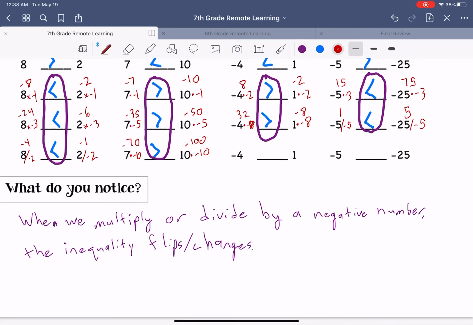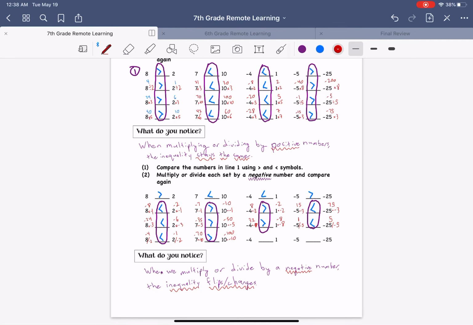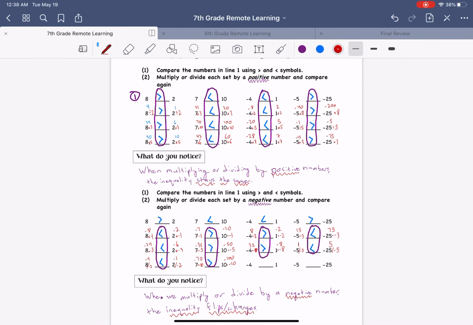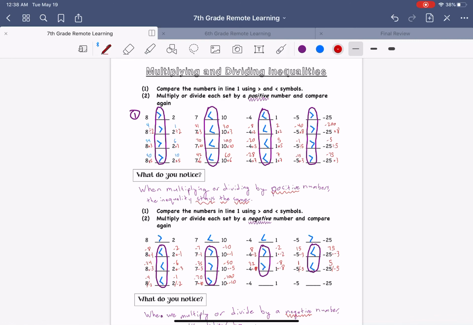So let's highlight the important parts. So we're multiplying or dividing by a negative number, and in this case, the inequality changes or switches or flips. Any word you want. Okay, so let's look over everything we've noticed so far. In the first half, we were using positive numbers and everything stayed the same.